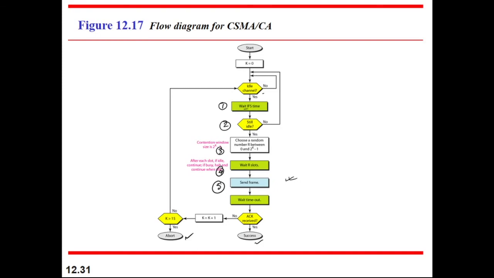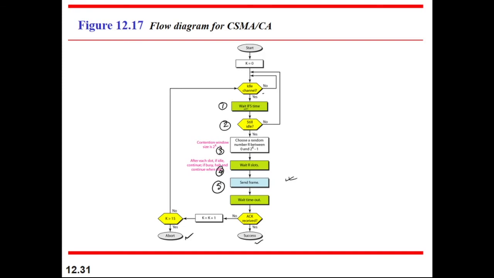The algorithms are more or less the same. The waiting time calculation, r, is a random number between 0 and 2 to the power k minus 1, and it is almost the same for CSMA/CD and CSMA/CA. The difference is that in CSMA/CD the waiting time is not much, because collisions can be detected.